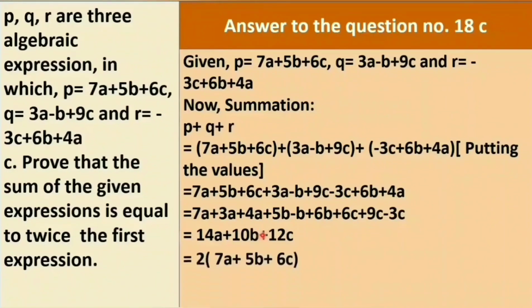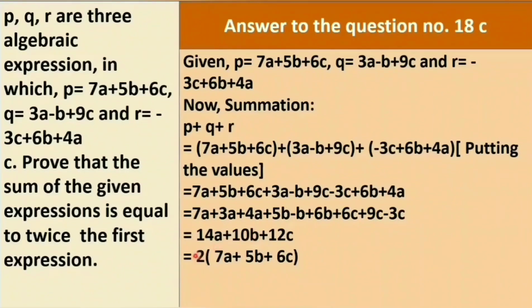Now students, we can take a common factor from all these three terms, isn't it? If you take 2 common from 14a, it will be left with 7a, because 7 times 2 is 14a. Again, 5 times 2 is 10, and here there is a b.